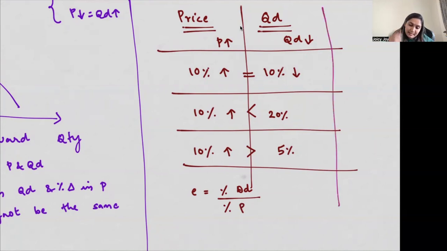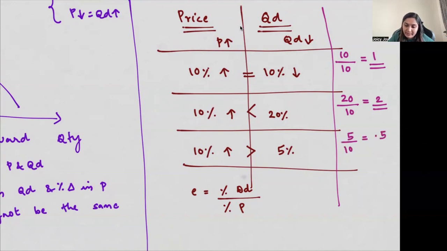In the first case, percentage change in quantity demanded is 10 divided by percentage change in price, which is 10, that is 1. We get the answer 1. Second case, percentage change in quantity demanded is 20, whereas percentage change in price is only 10. So we get the answer 2. The third case, it is 5 divided by 10. Then we get the answer 1 by 2, or maybe we can say 0.5.